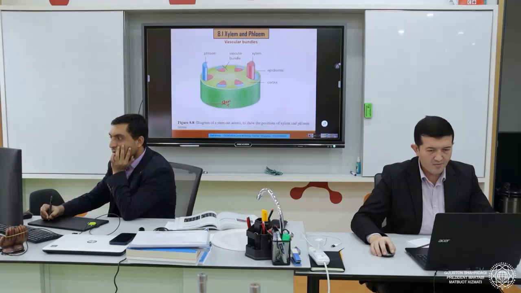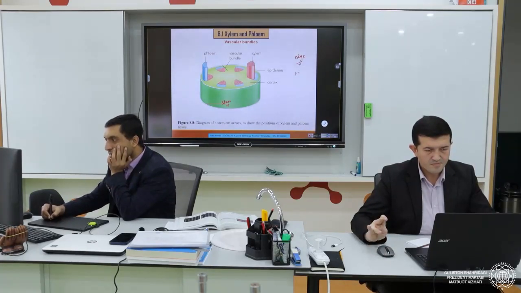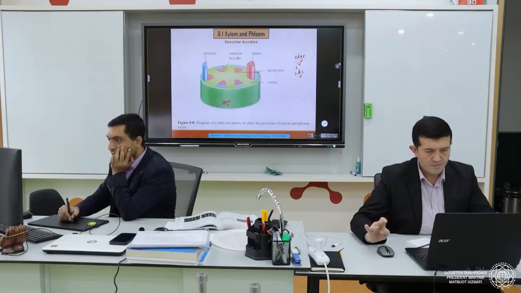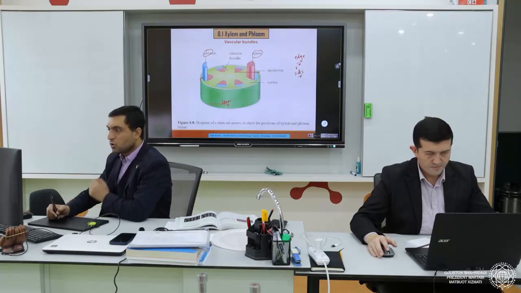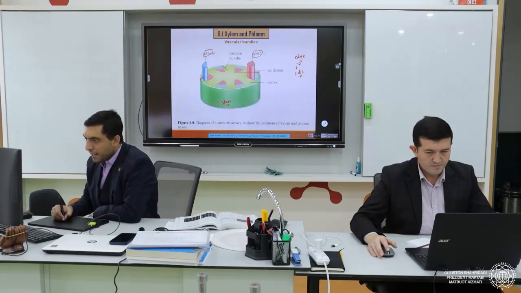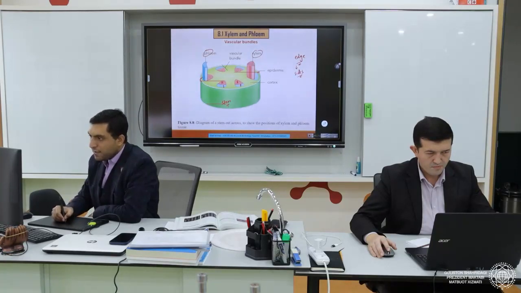Edge means sides, ending sides. So you see this is the side of this cell and this is the side of the cell. So we have here phloem and here xylem. You can see this is xylem, this is phloem, this is xylem, this is phloem. Okay? And together we call them a vascular bundle.